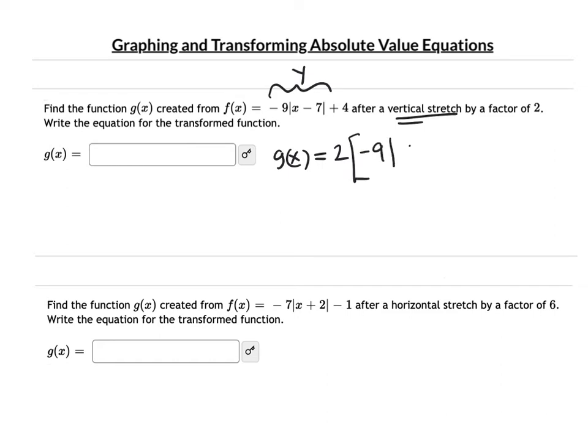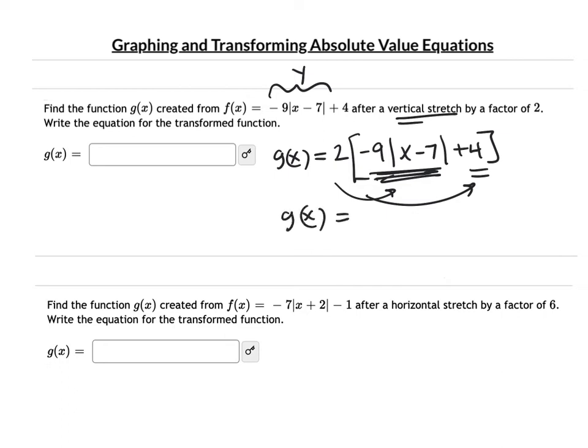Negative 9 times the absolute value of x minus 7 plus 4. This is one term and this is one term. So I take 2 to each term. Do not take 2 through the absolute value. This whole thing is one term. It's not necessary and it would not be correct. So 2 times the first term becomes negative 18 times the absolute value of x minus 7, and then plus 8 when I take the 4 times 2.